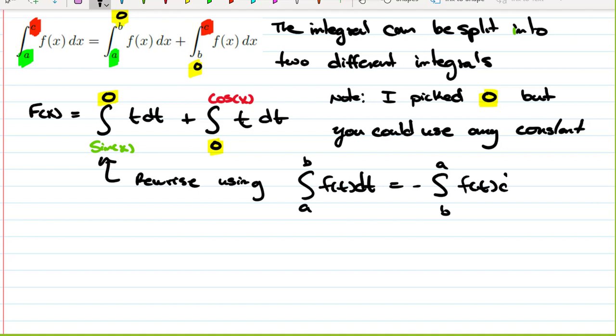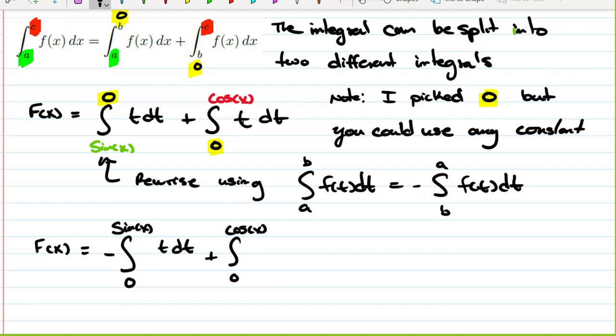So if we flip over our limits of integration, if we reverse them, it puts a minus sign out in front. So then we're going to have f of x is equal to the negative of the integral from 0 to sine x of t dt plus the integral from 0 to cosine x of t dt.